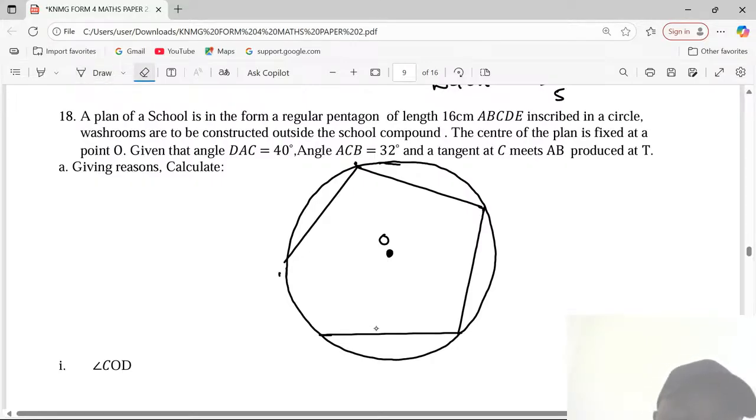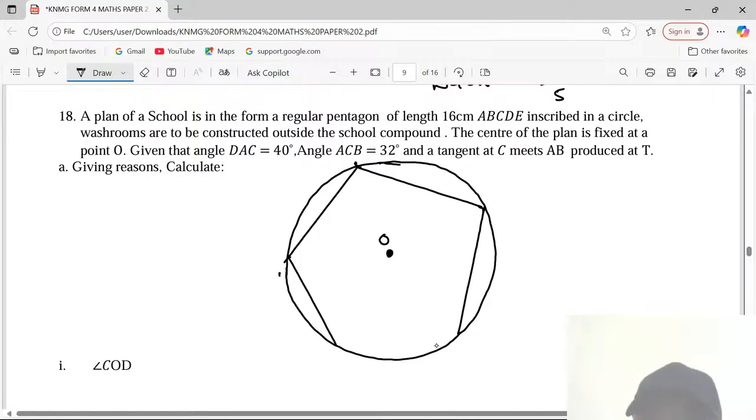Finally we connect that point. So this is an amazing lesson. I want you to know that. Very amazing.